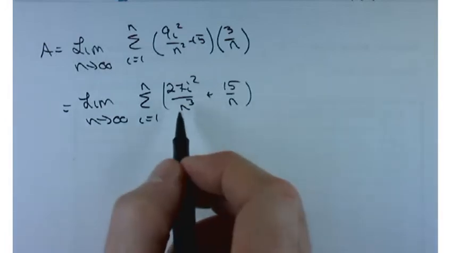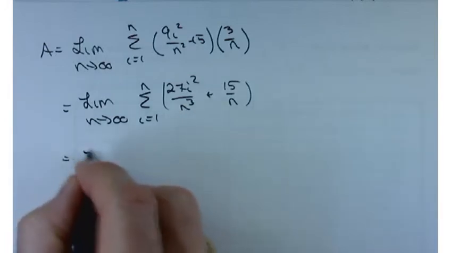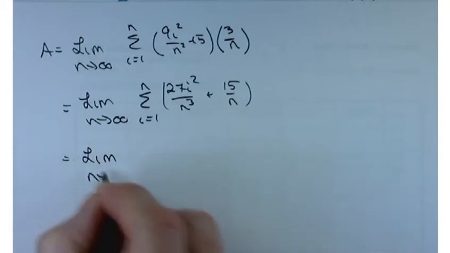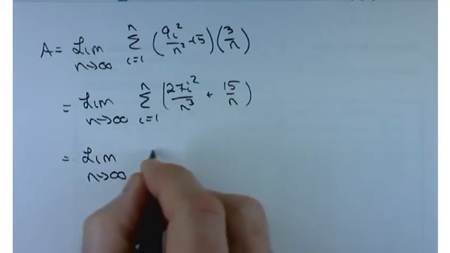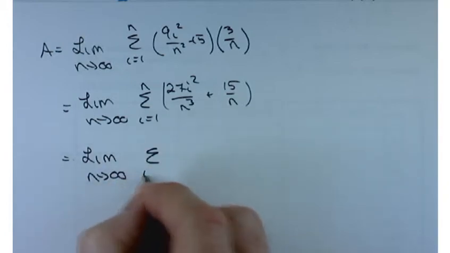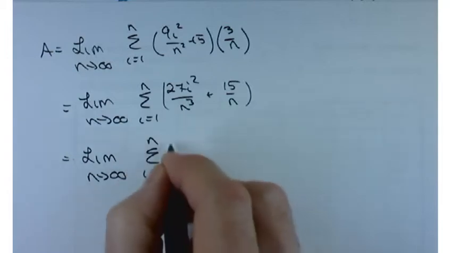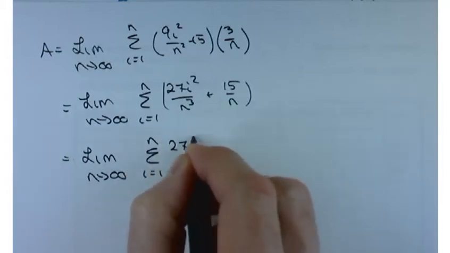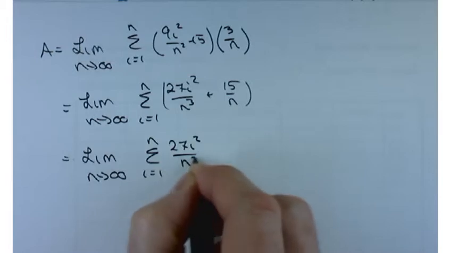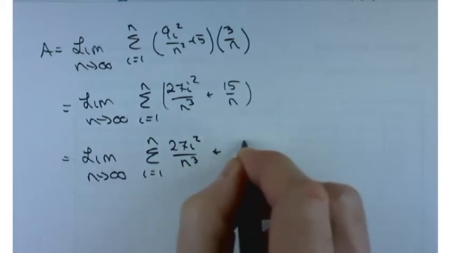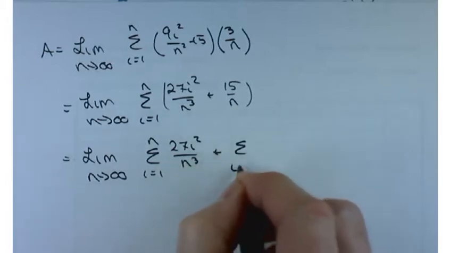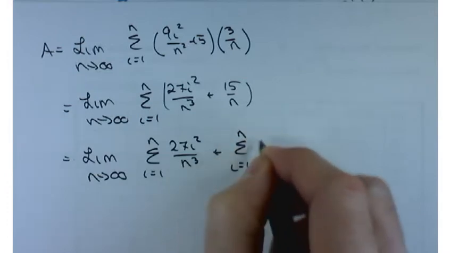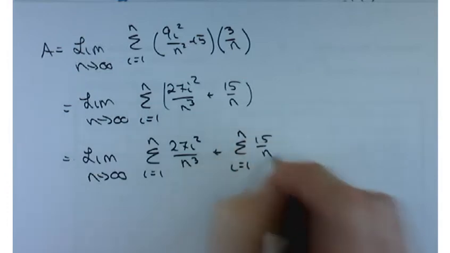In fact, now we'll split it up into two summations. The limit as n approaches infinity of the sum from i equals 1 to n of 27i squared over n cubed plus the sum from i equals 1 to n of 15 over n.